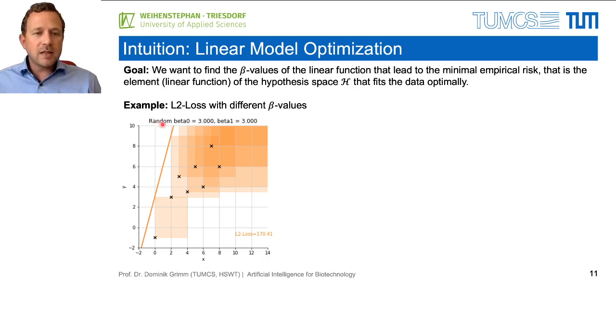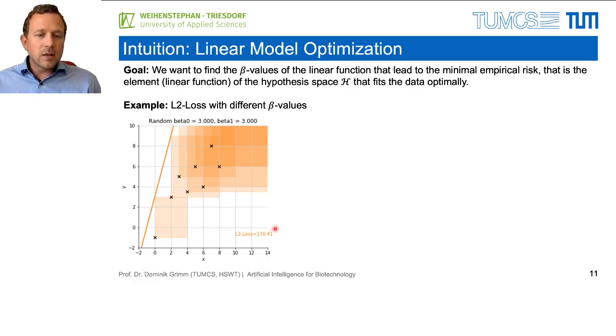So let's say in this example, I randomly pick for the intercept 3. So the intercept here with the x-axis at point 0 is 3. And it should have a slope of 3. So it's a rather steep linear line. And then we compute all the squared errors from the points to our linear function here.